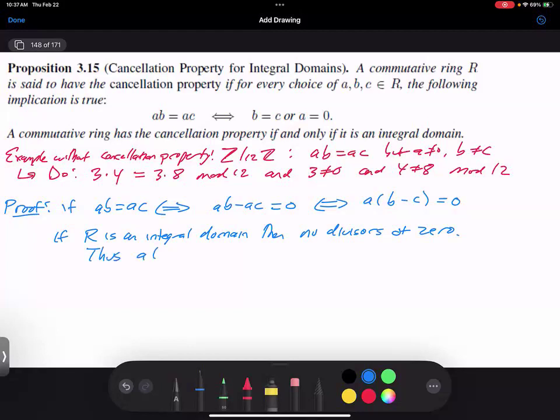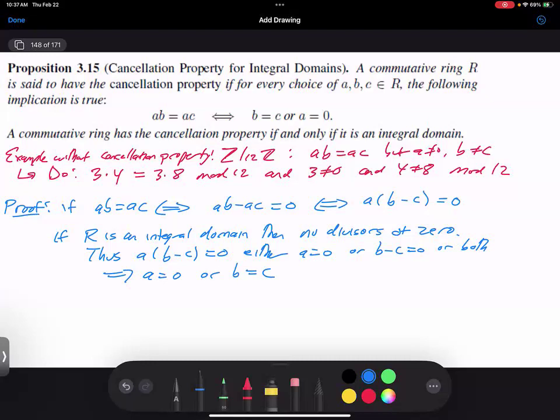Thus, if A times (B minus C) equals 0, either A equals 0 or B minus C equals 0 or both. Therefore, A equals 0 or B equals C. So if we're an integral domain, then it's clearly the case.